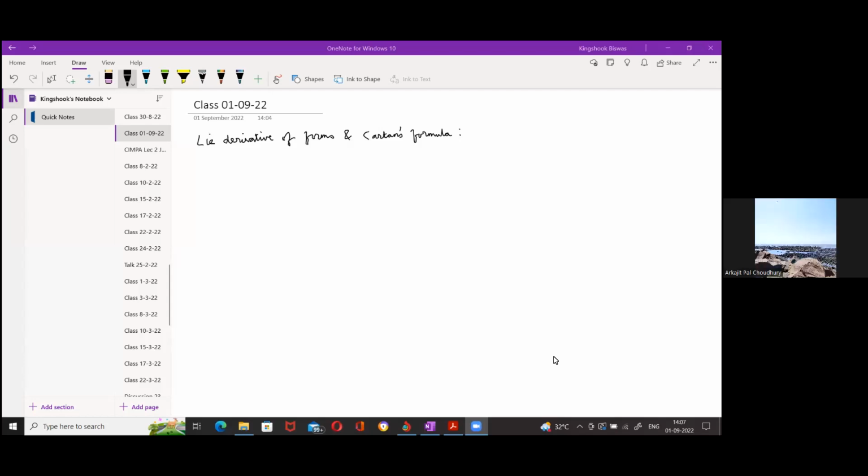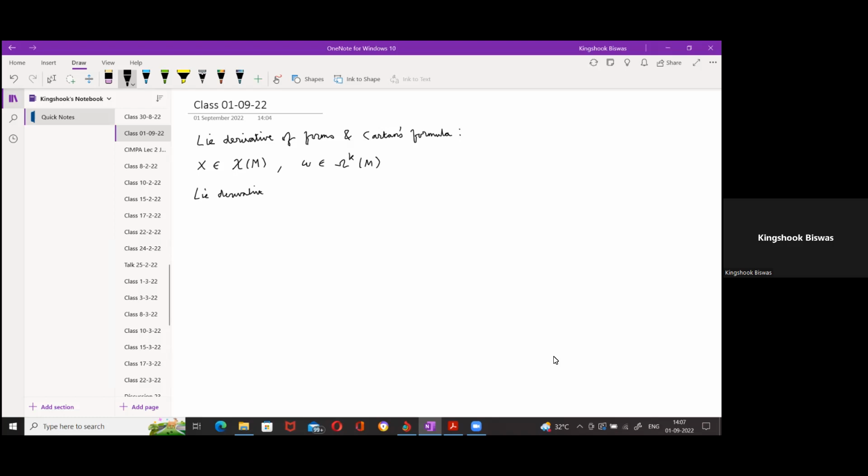So what is the Lie derivative of a form? We have a vector field X, and we have a k-form omega. Then the Lie derivative of the k-form omega with respect to the vector field X is again a k-form, L_X omega.